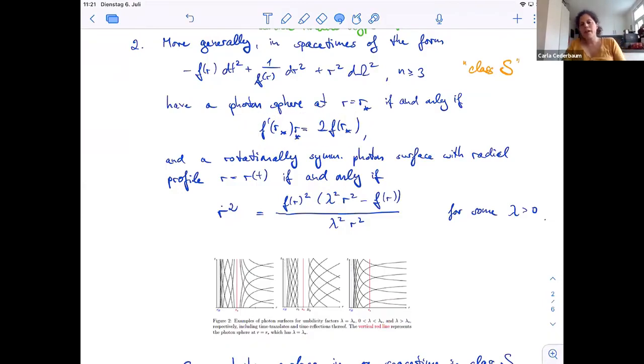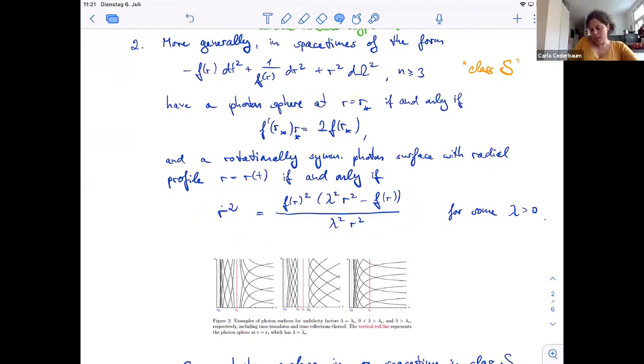And also it has a rotationally symmetric photon surface with radial profile r, if and only if this radial profile satisfies this ODE, where lambda is some positive parameter related to the umbilicity factor. It's exactly the umbilicity factor for those who know what this means.